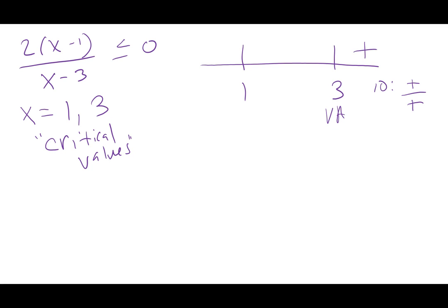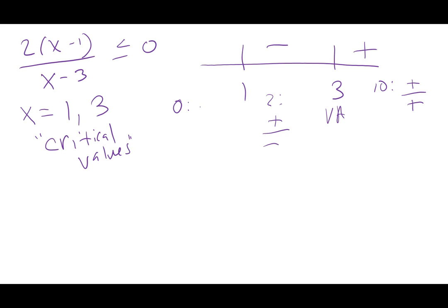Something between 1 and 3, the value that seems to make the most sense, I would think, would be 2. If you plug a 2 in the numerator, you're going to get a positive. The denominator is going to give you a negative, and a positive over a negative, of course, yields a negative. Something that is less than 1, again, you could choose anything. I'm going to choose what I think is the best one, which is 0.